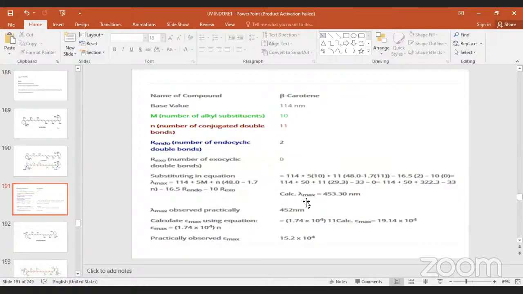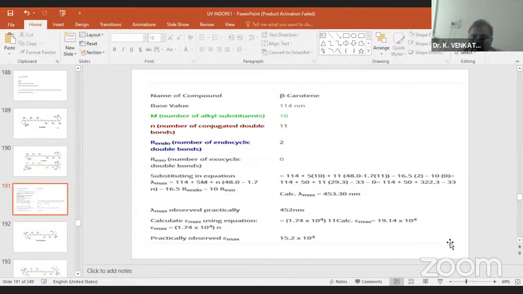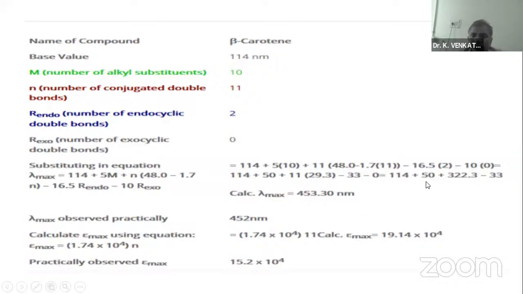So what is the value? Calculate this for beta carotene. So now we can check, ma'am. Yes, alkyl substituents, I have written 6.